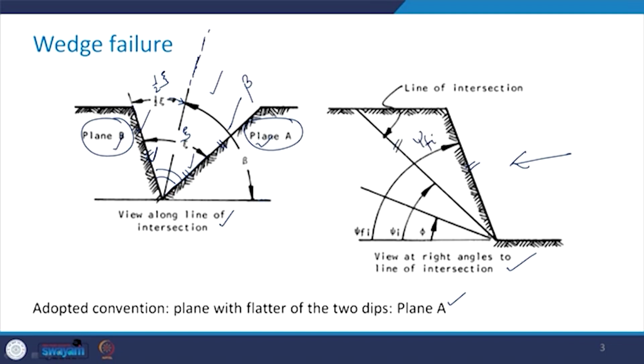This is the line of intersection, making an angle of psi i with the horizontal, and here it has been shown how the friction angle's magnitude compares to psi i and psi f with the help of this line. And this angle is angle phi, which is the friction angle.